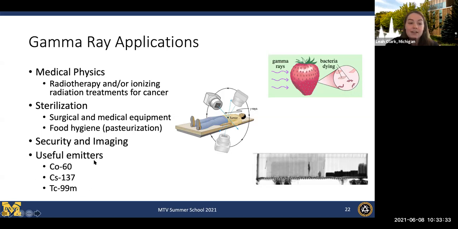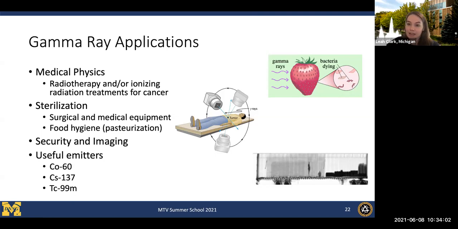And some common sources that are gamma ray emitters that are used in many applications are cobalt-60, cesium-137, and technetium-99m, the metastable. I think that's how you say that. Cobalt-60, that one's really good for the medical field as well as the food preparation and sterilization. Cesium-137, for a lot of the nuclear engineers in here, that's a very good energy calibration source.